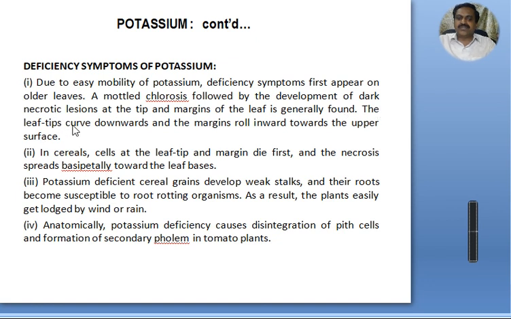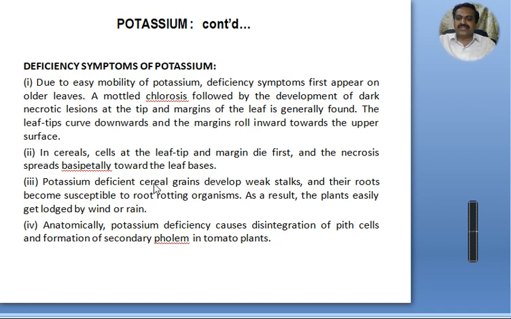The leaf tips curve downwards and the margins roll inwards towards the upper surface. The cells at the leaf tip and margin die first, and the necrosis spreads basically towards the leaf bases.